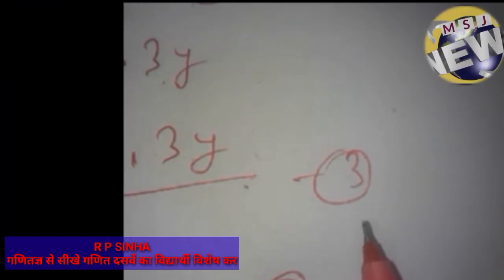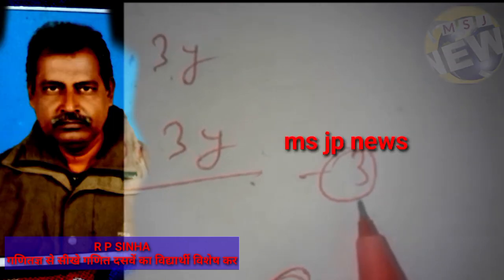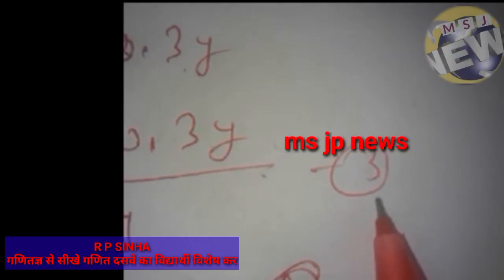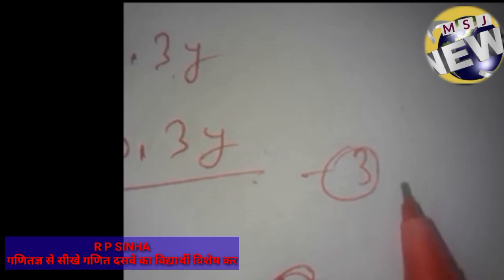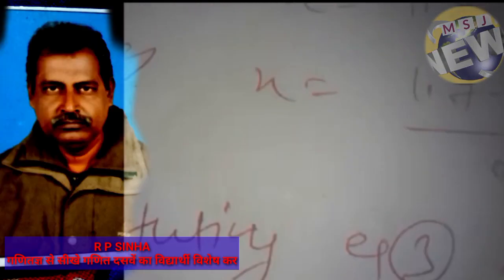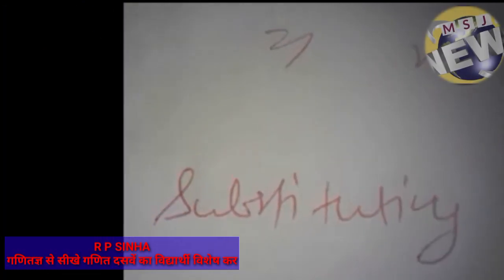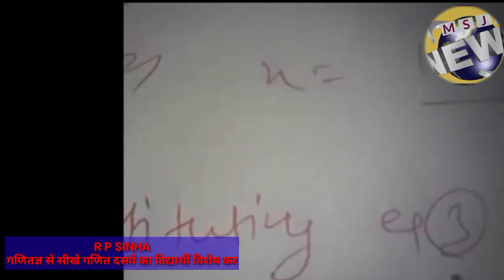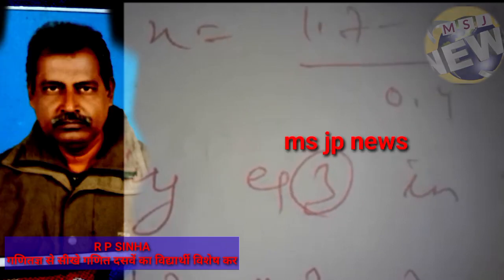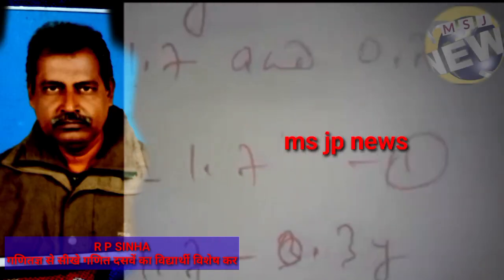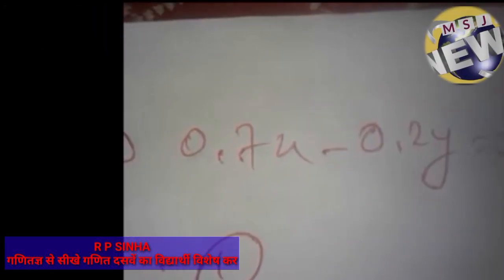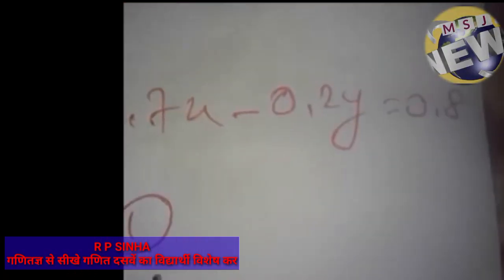Now the value in equation number 3 will be substituted in equation number 2. I am using the substitution method to solve this question. Equation number 2 was 0.7x minus 0.2y is equal to 0.8.